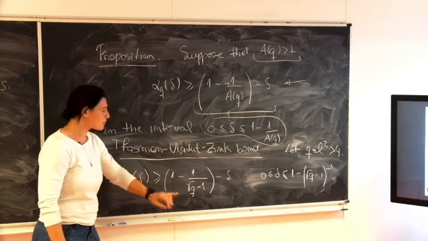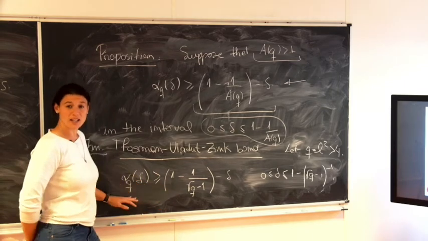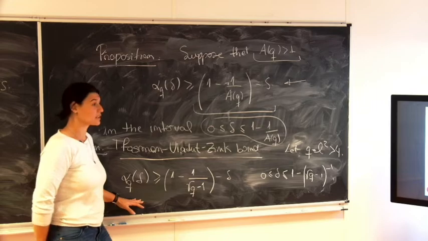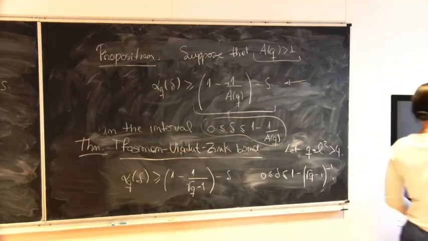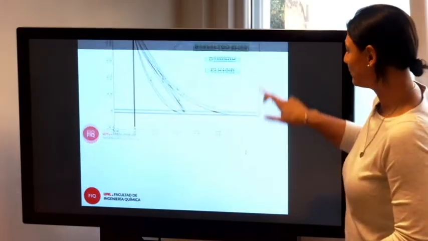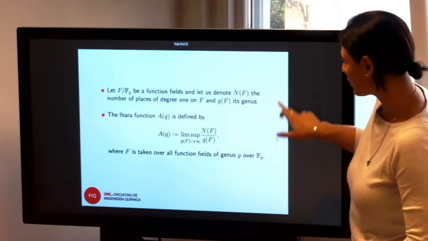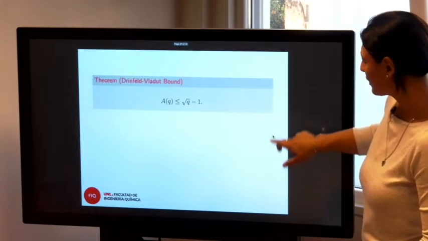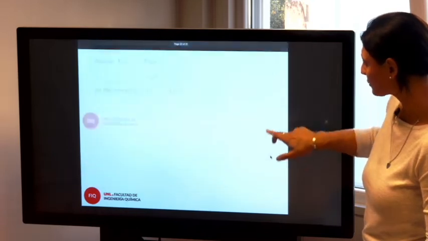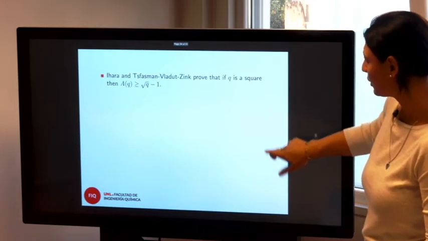And so with that specific construction, we get a lower bound for the Manning function. So if we come here again to the case that we were studying, this is exactly what I told you.